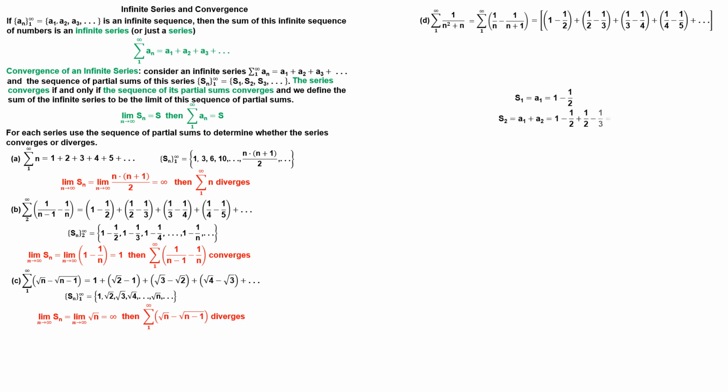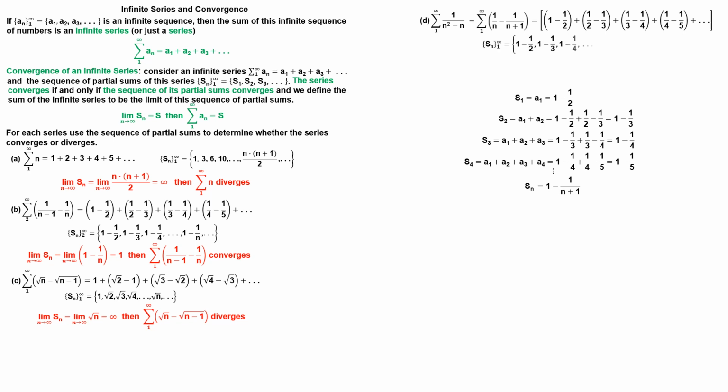As we can see, the formula for the general term in the sequence of partial sums is 1 minus the reciprocal of n plus 1. We now take the limit. The sequence of partial sums is a convergent sequence because its limit exists. Then the series is also convergent.